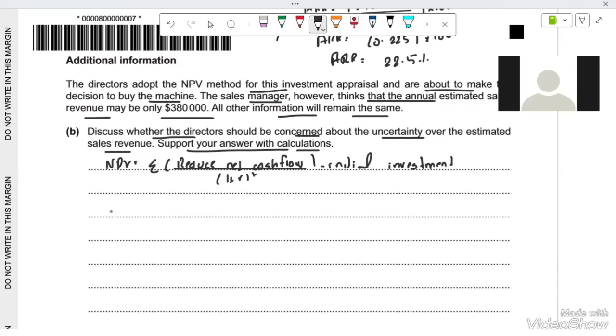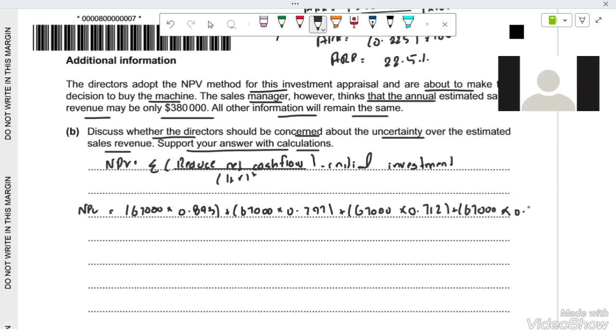So NPV is equal to 67,000 multiplied by 0.893, plus 67,000 multiplied by 0.797, plus 67,000 multiplied by 0.712, plus 67,000 multiplied by 0.636, minus 240,000.